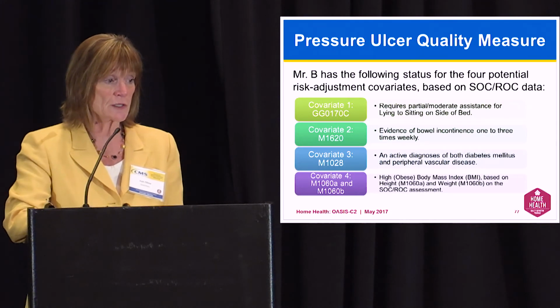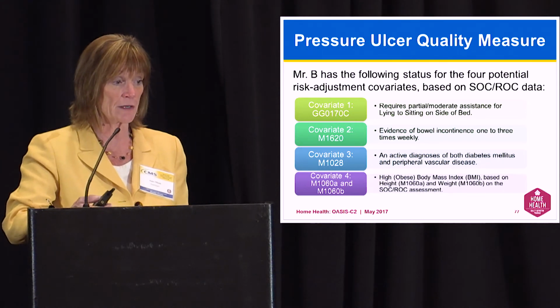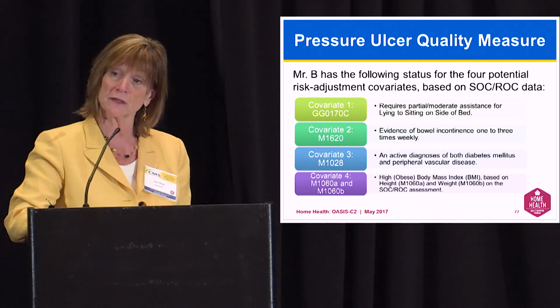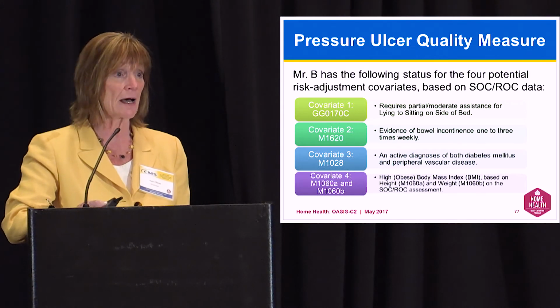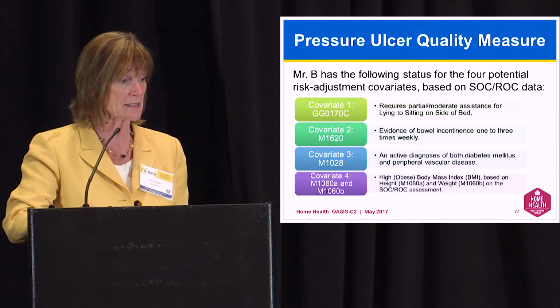We thought it would also be helpful just to look through briefly the following four potential risk adjustment covariates. We've spent a lot of time on that today between Kathy Roby and myself.